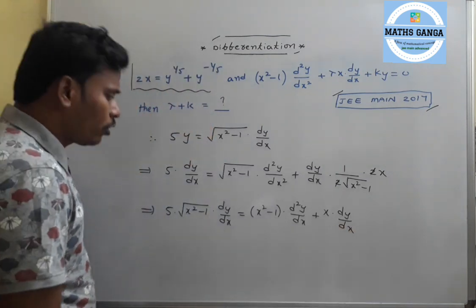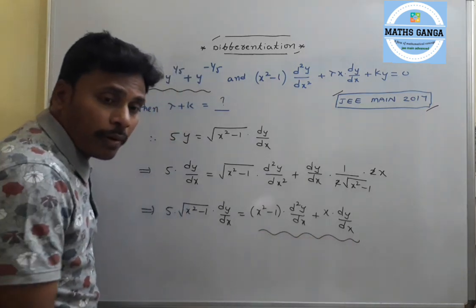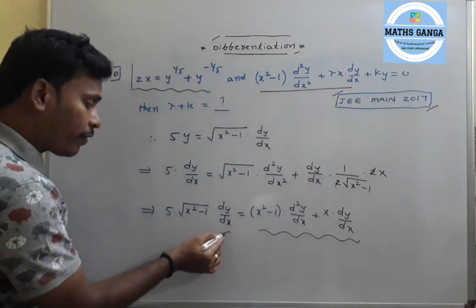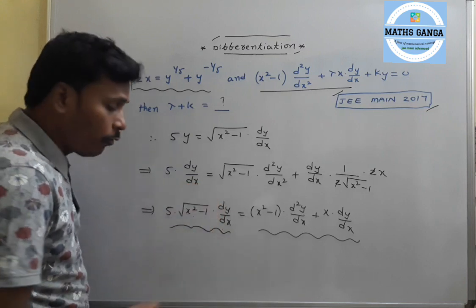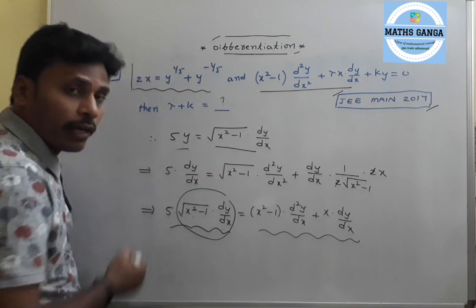Now you just have a look. This x square minus 1 into d square y by dx square plus x into dy by dx is the required part. And on the left side, 5 into root x square minus 1 into dy by dx we have. This root x square minus 1 into dy by dx is again 5y.